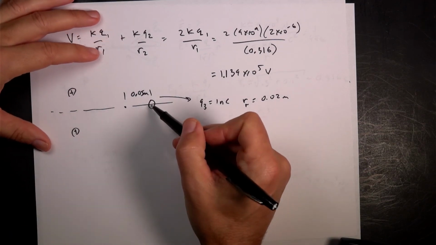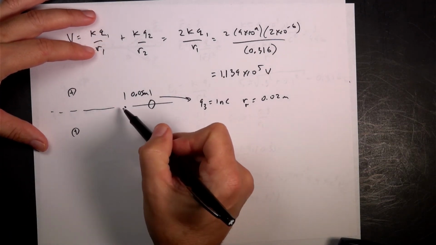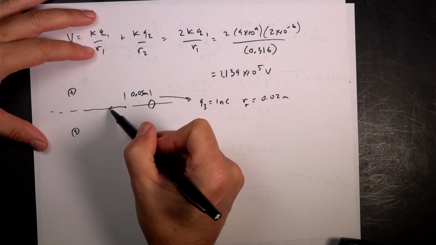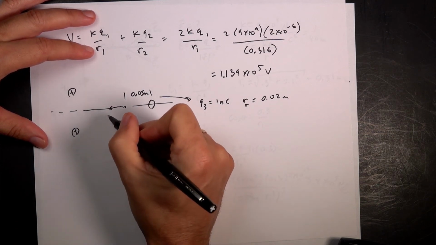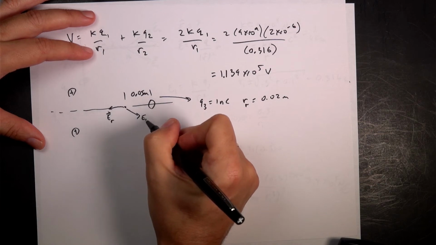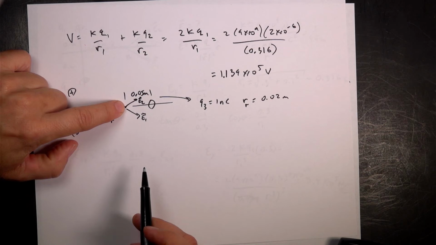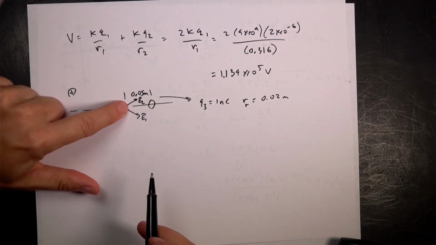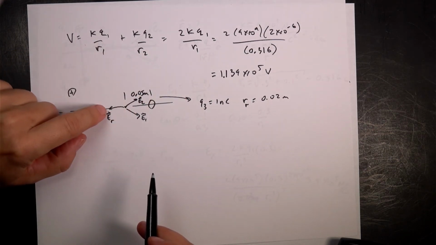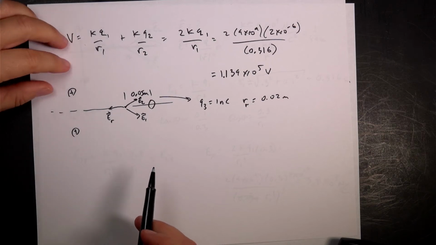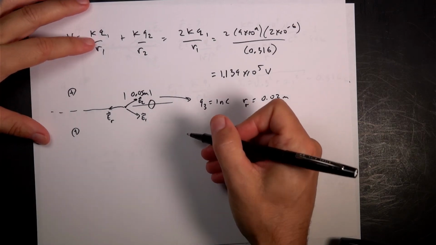And it turns out that if this is positively charged, this will make an electric field in the x-axis going that way. So I'll have E ring, and then I have E1 and E2. But I already found the sum of E1 and E2 as a vector going that way. So if I take that electric field, subtract the electric field from this, I'll get the net electric field in the x direction. So let's do that.